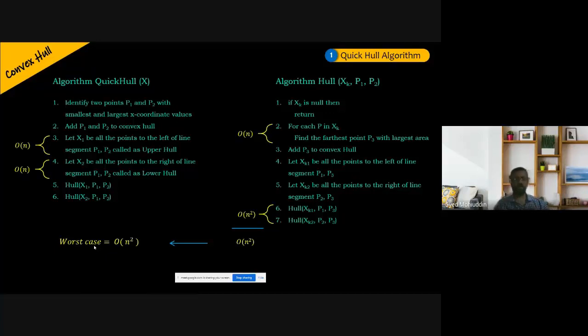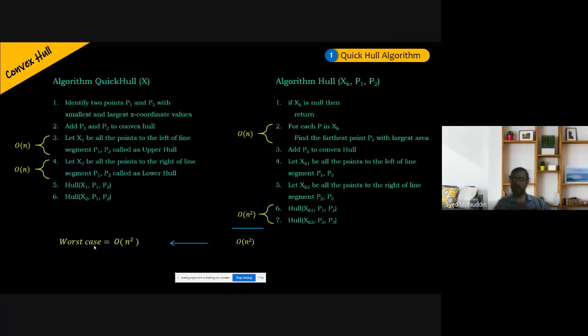So in the worst case, quick hull or the divide and conquer approach will take O of n square as the time complexity. Now if you remember, the brute force method takes O of n power 4. Compared to brute force, divide and conquer is much faster because it takes O of n square. So that is all about the convex hull.